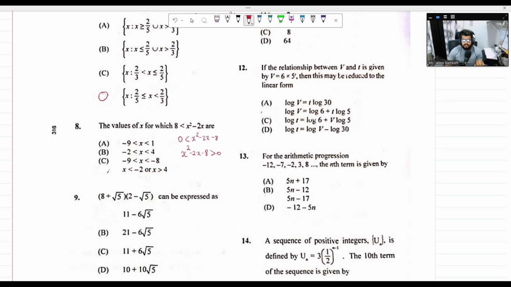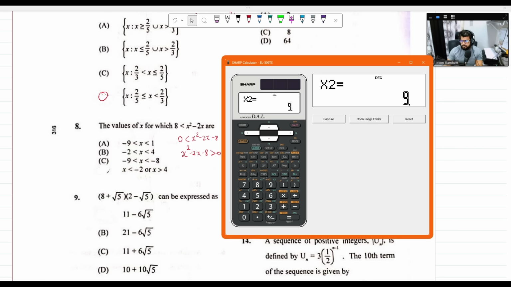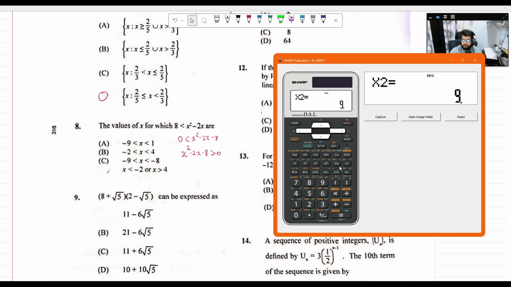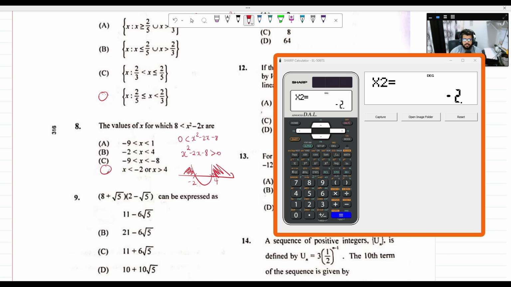It's going to be a positive x squared. I want to see what my critical values are. A is 1, B is minus 2, C is minus 8. Minus 2 and 4 give x is less than minus 2 union x is more than 4. So the answer is B.